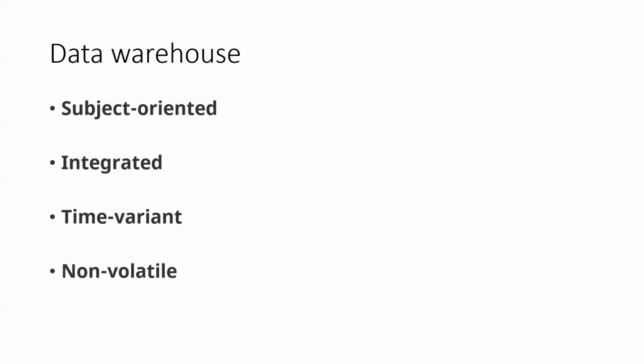Maybe I'm having the same kind of scenario again, so I need to check the history from that time. That is why the data warehouse stores the data, so that we can analyze that time's information and implement the same kind of solution for the next day's business situation. Data is not volatile. It's non-volatile. We can retrieve the data anytime.